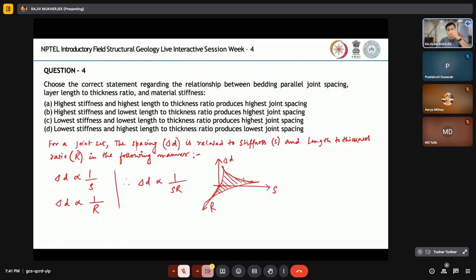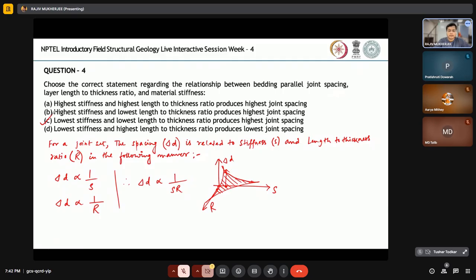So eventually for lowest length to thickness ratio and for lowest stiffness, the joint spacing will be higher, and that is how the mechanical layering as well as the stiffness of the material is actually the controlling factor behind joint spacing in sedimentary rocks with bedding planes. So that is why option C is the correct answer. Lowest stiffness and lowest length to thickness ratio produces highest joint spacing.